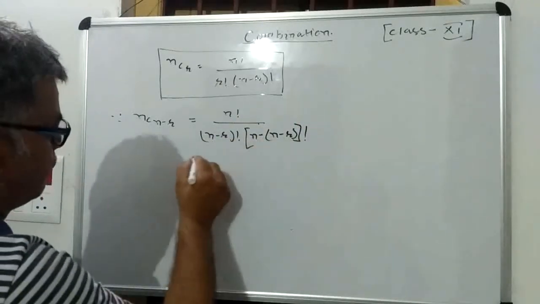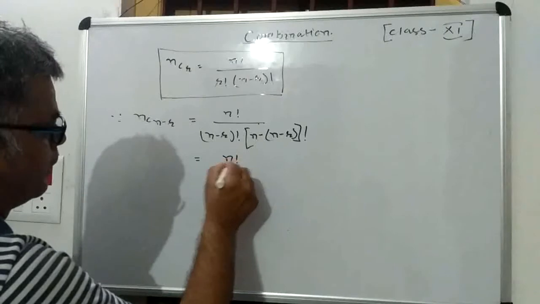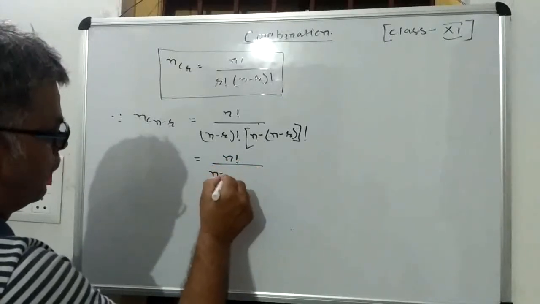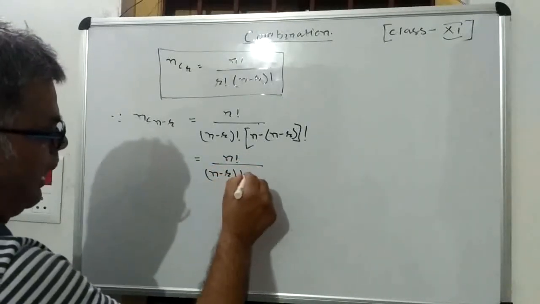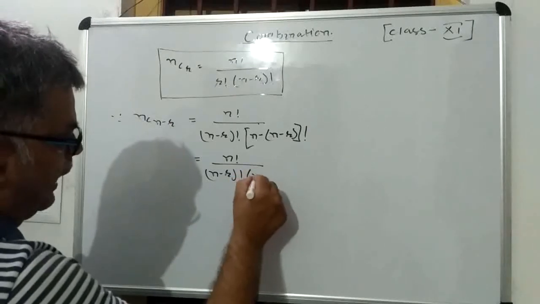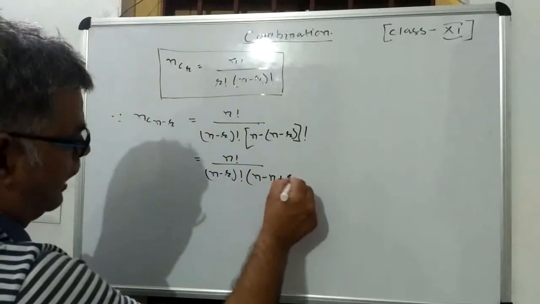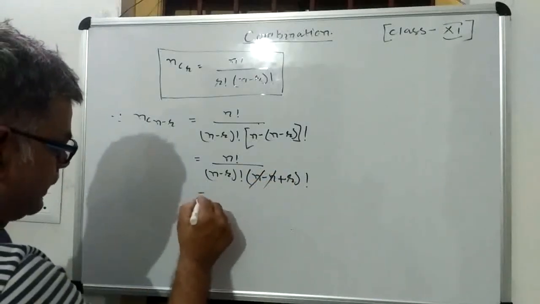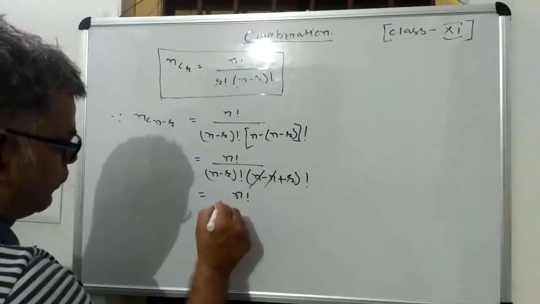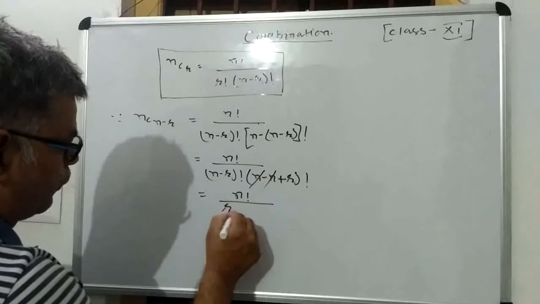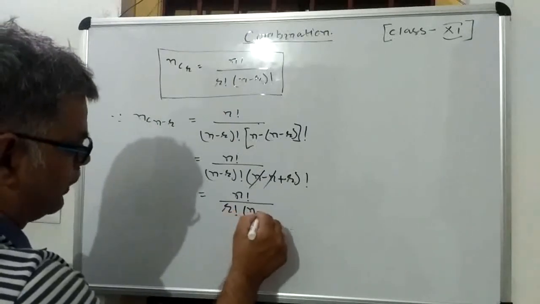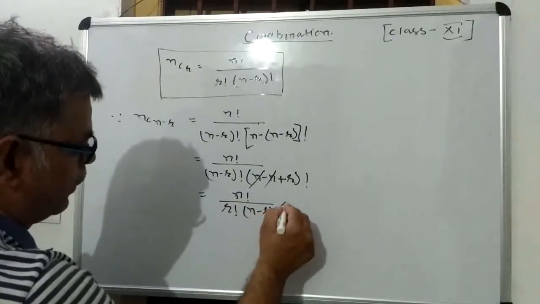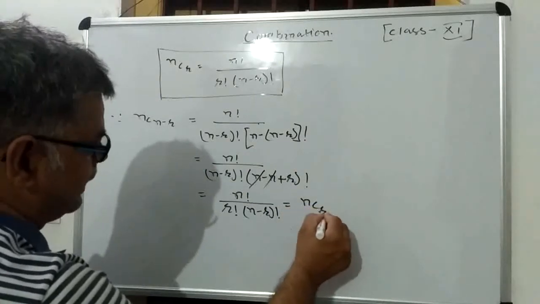So when you simplify it, it will be factorial n by factorial n minus r, and this will become n minus n plus r factorial. n minus n will get cancelled, so it will be factorial n by factorial r into factorial n minus r, which is equal to nCr.